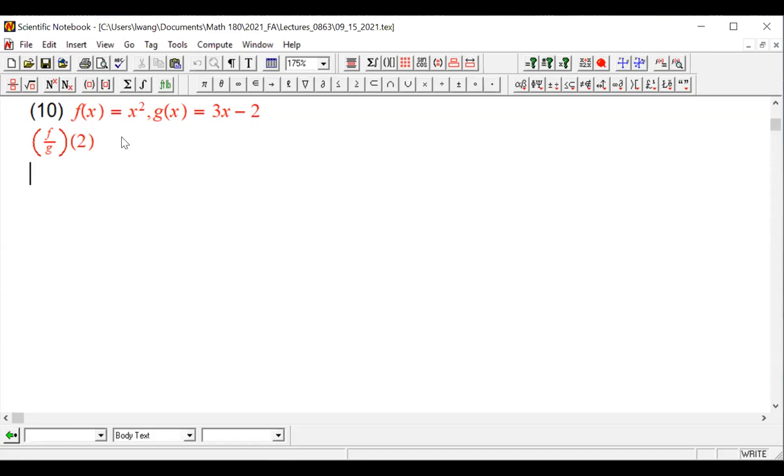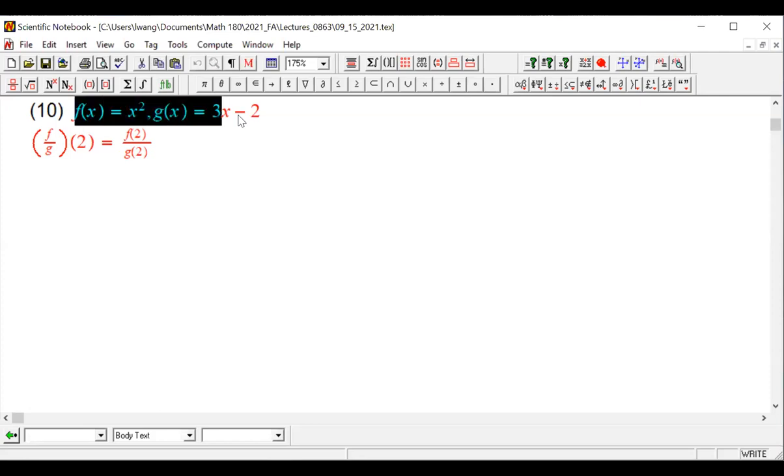How is this defined? This is defined as F of 2 divided by G of 2, right? That was defined in basic 41, or you can find it in any textbook.